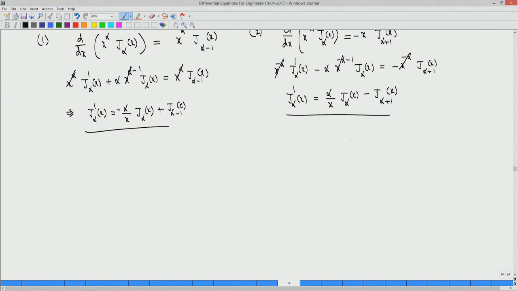If you add and subtract them, addition will give you, adding these two, 2 J alpha dash of x equal to J alpha minus 1 of x minus J alpha plus 1 of x, that is 1.